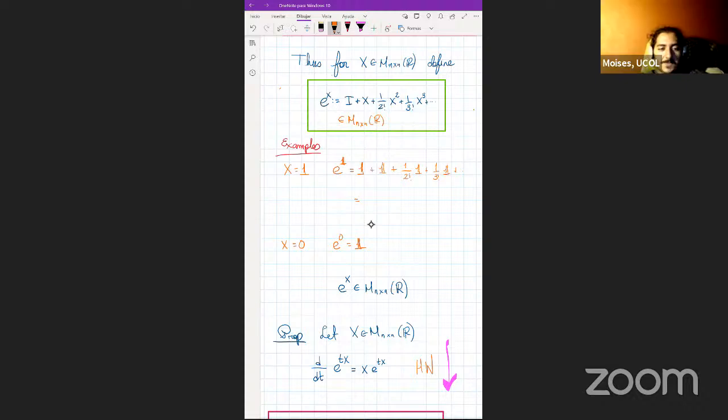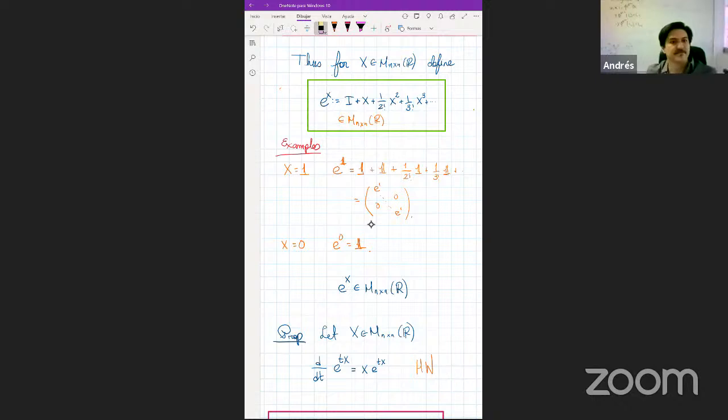It's just the exponential matrix. Like this? Yes. And 0, right? Right, okay. Nice.